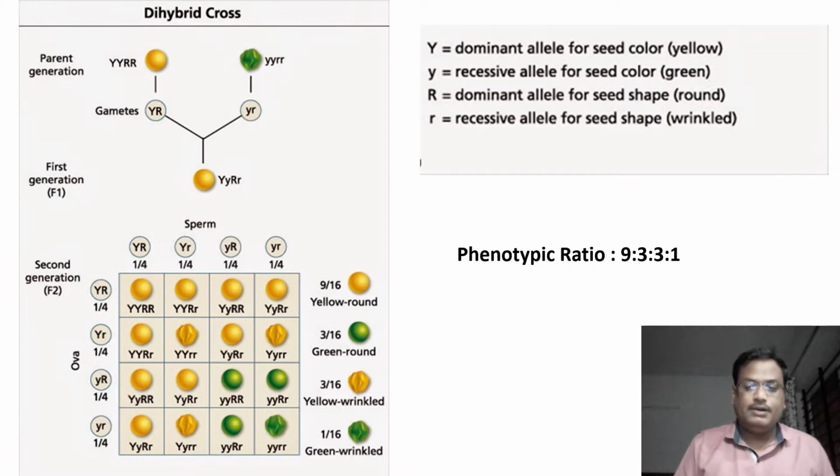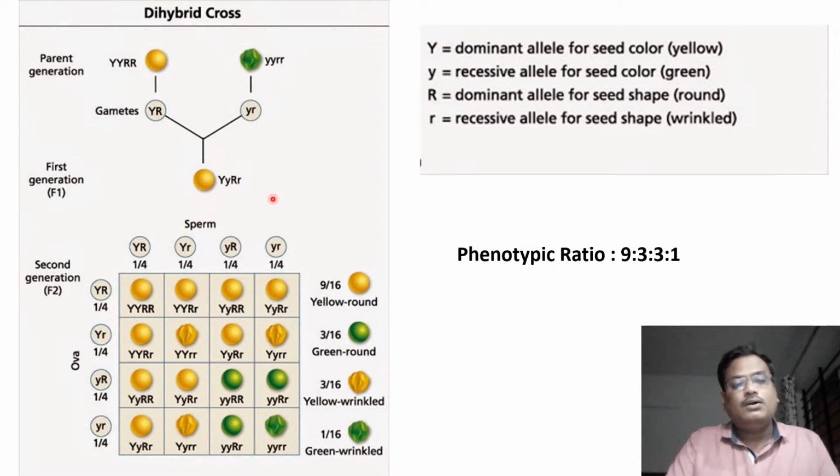In his experiment, Mendel obtained all the plants producing yellow colored seeds with round shape, right? Yellow colored cotyledons with round shape. So all the F1 individuals are yellow round, and he crossed them.